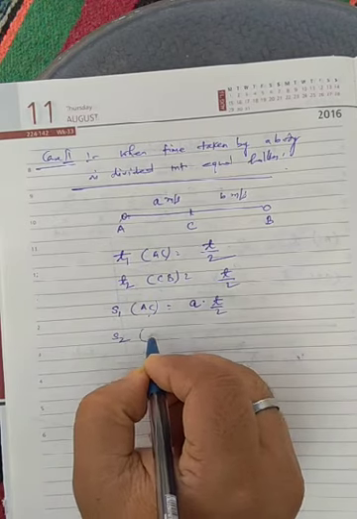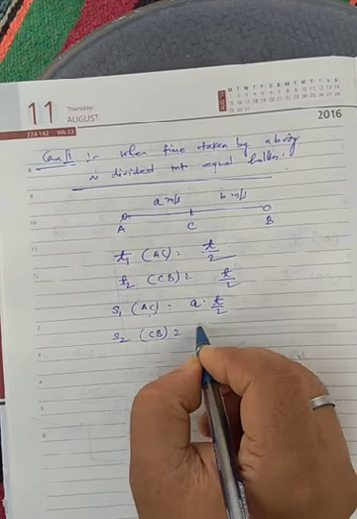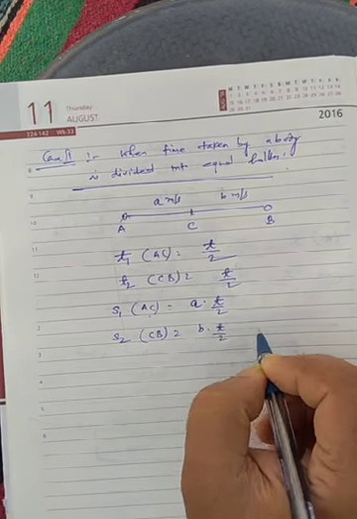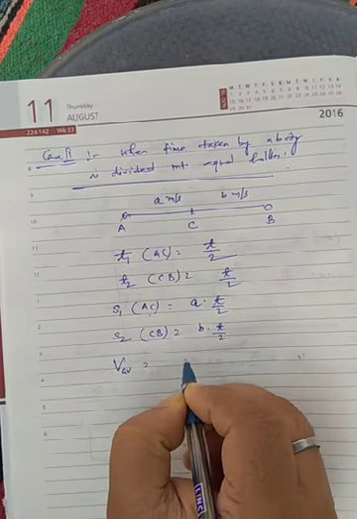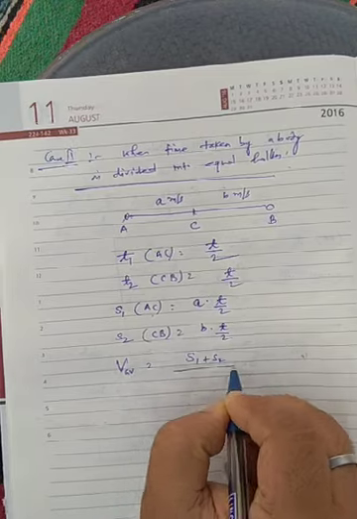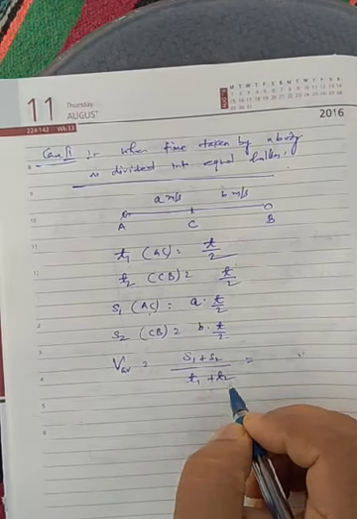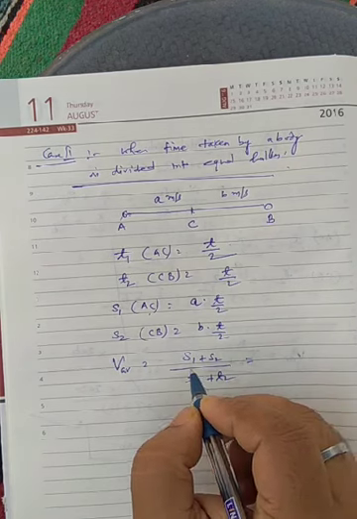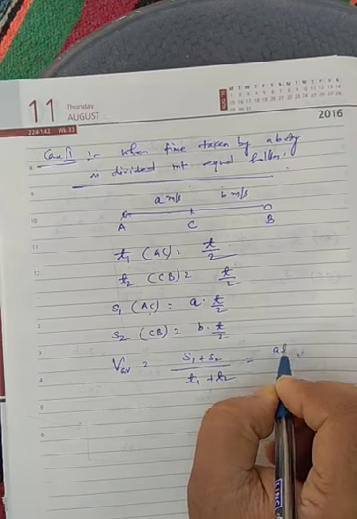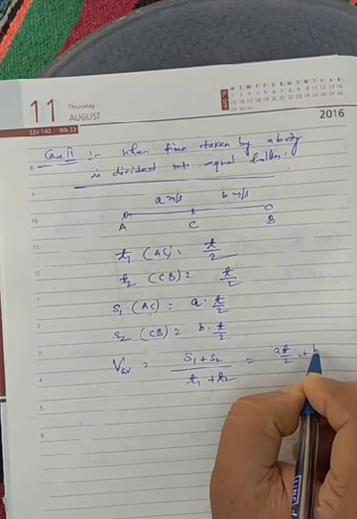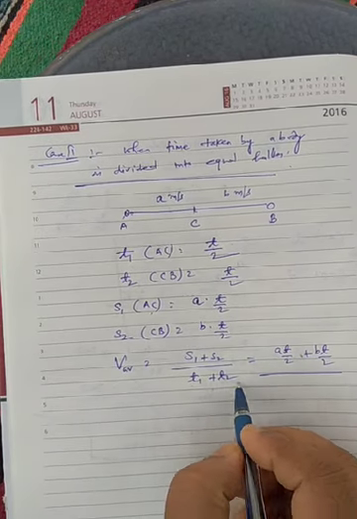Similarly, S2, the distance between CB, will be speed into time again, so B into T by 2. So average speed equal to again S1 plus S2 by T1 plus T2, right? So S1 is A T by 2 plus B T by 2, divided by T1 plus T2.